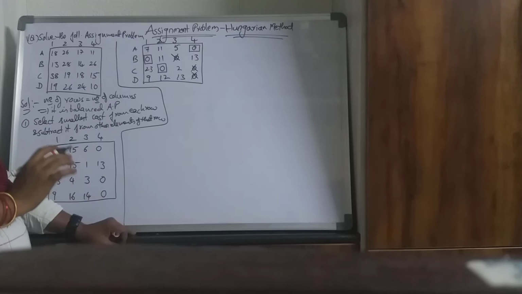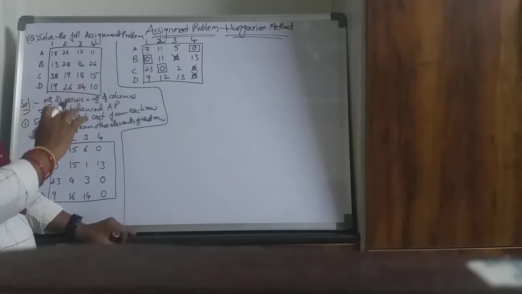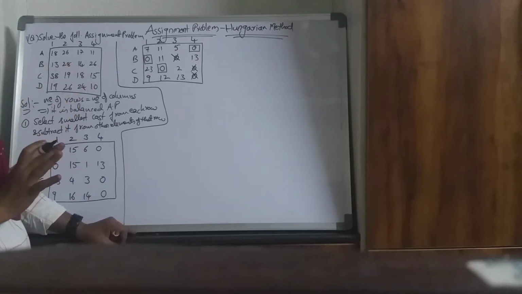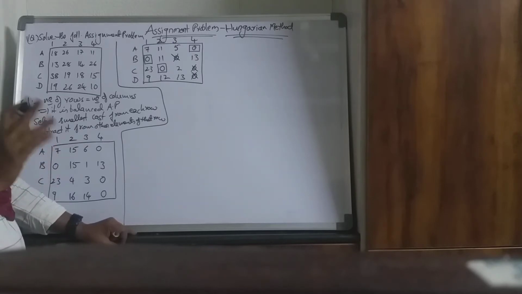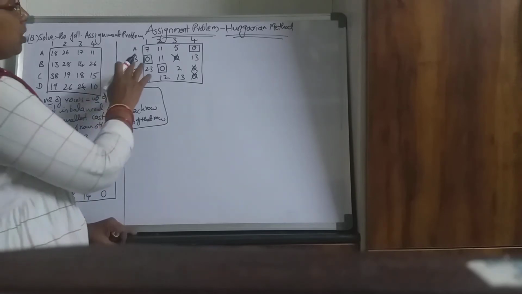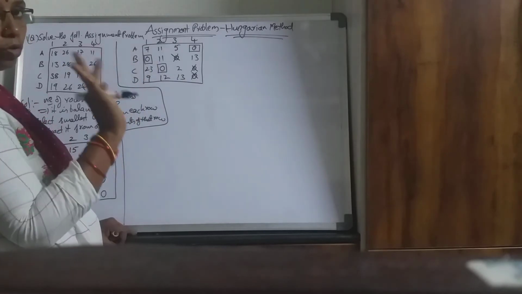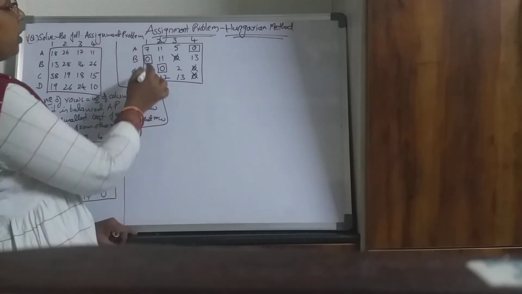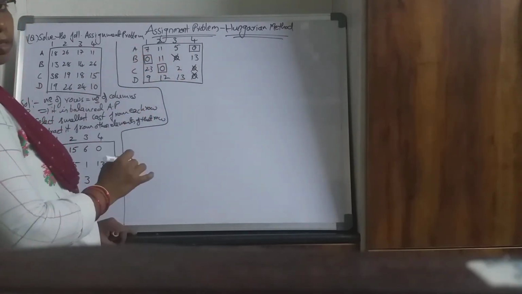Now you check whether number of assignments is equal to number of jobs, or number of assignments is equal to order of the matrix. What is the order of the matrix? Order of the matrix is 4. So you should have 4 assignments, but here I have only 3 assignments. Okay.